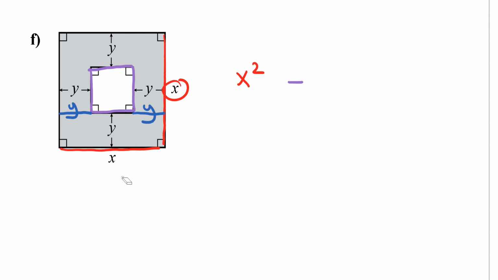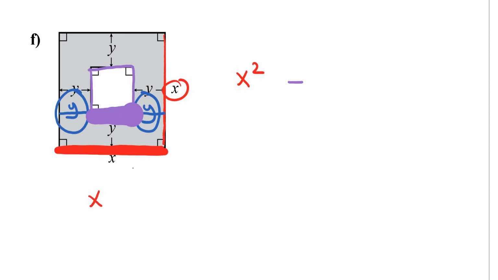If you think about this carefully, if you take all of the red length here and take away this y and that y, you should get purple. Let me repeat that one more time. If you take all of this red length here, and take away this y here and that y there, you're left with this purple distance. So that purple length equals x minus the two y's.